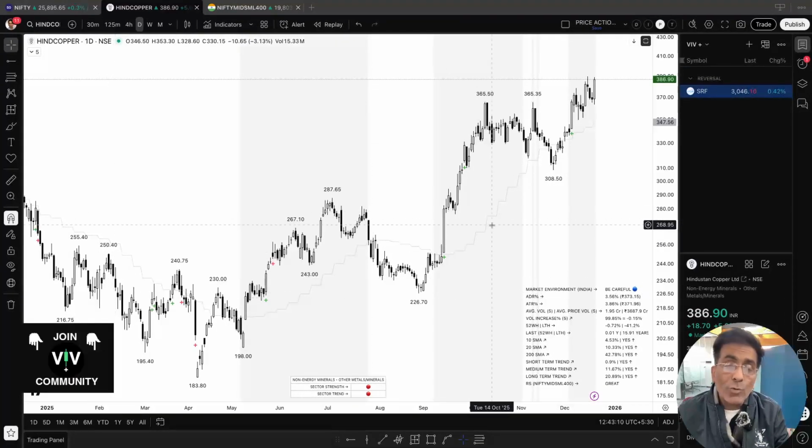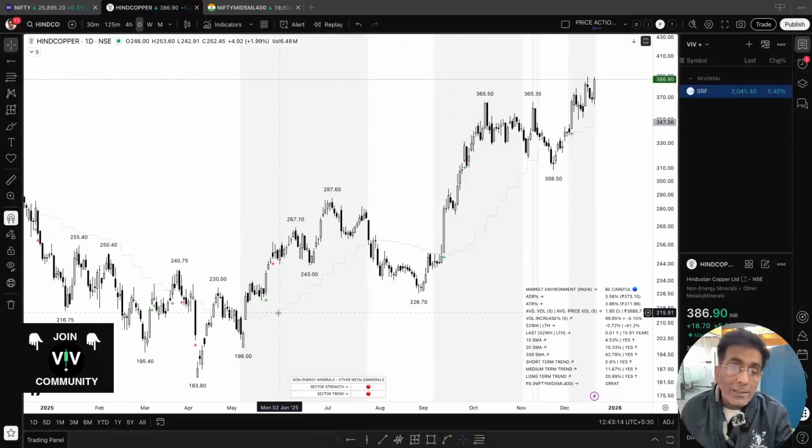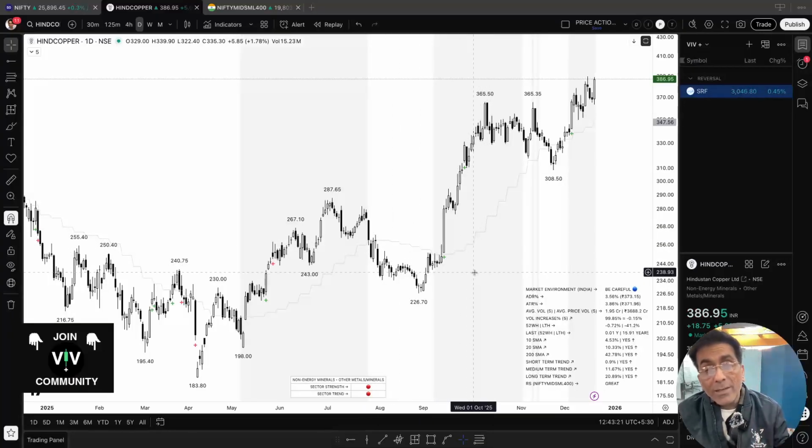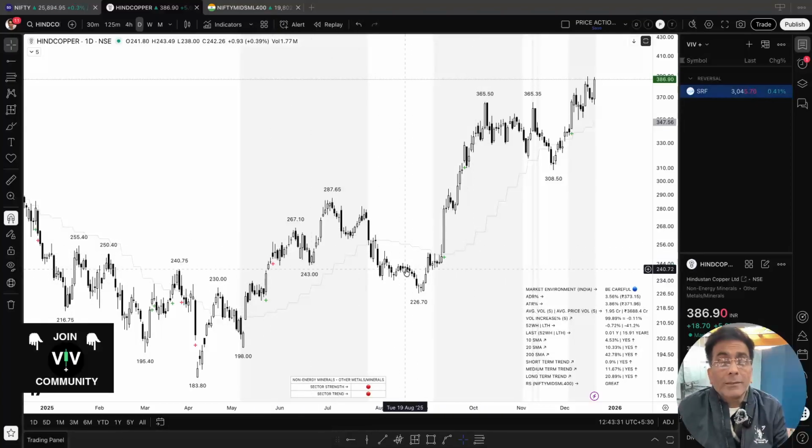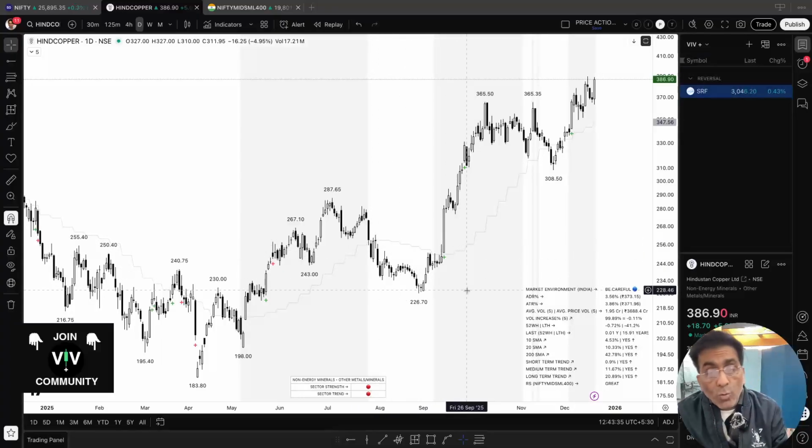Most of our members know how our system works, but still let me tell you that this is the 10-week moving average which we give in our system. You can say, sir, it's the 50-day moving average, yeah, it's almost the same. There is no difference, but we like this 10-week moving average to be shown on all time frames.